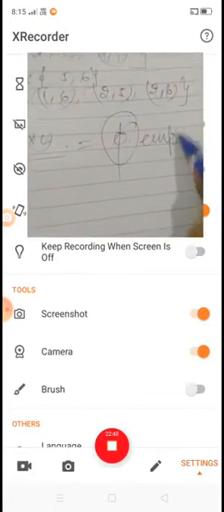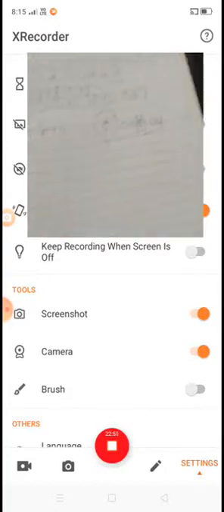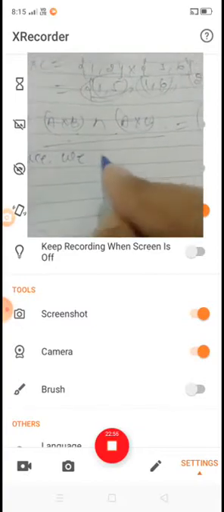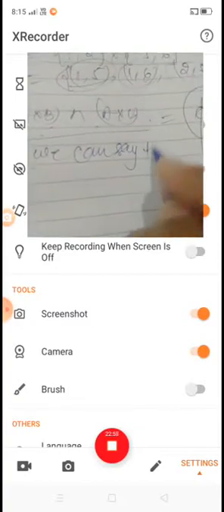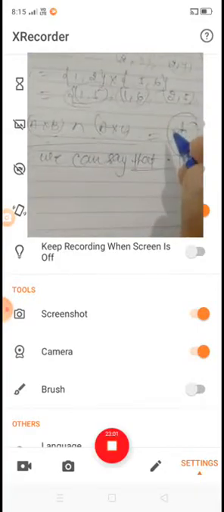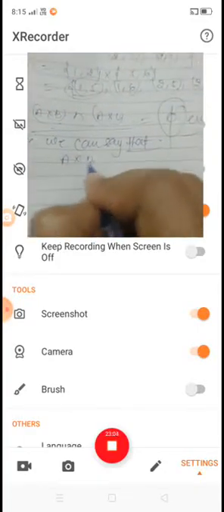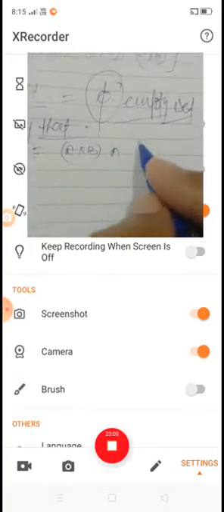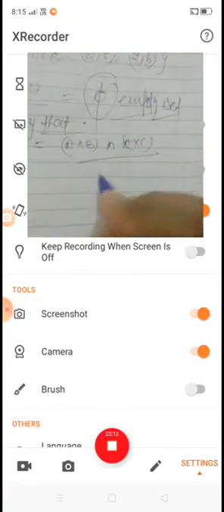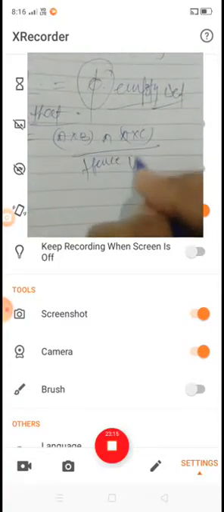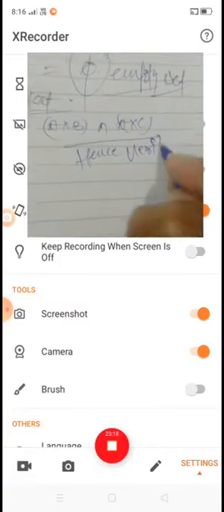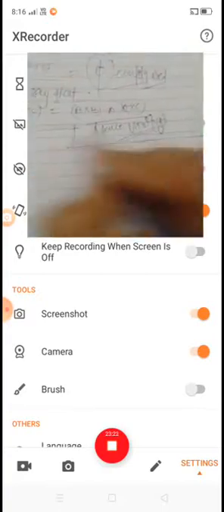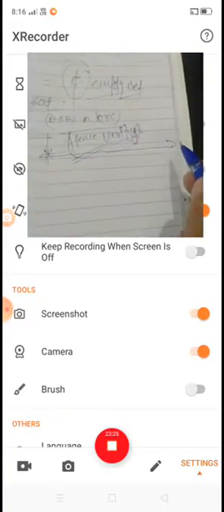Hence we can say that A cross (B intersection C) is equal to (A cross B) intersection (A cross C), hence verified.